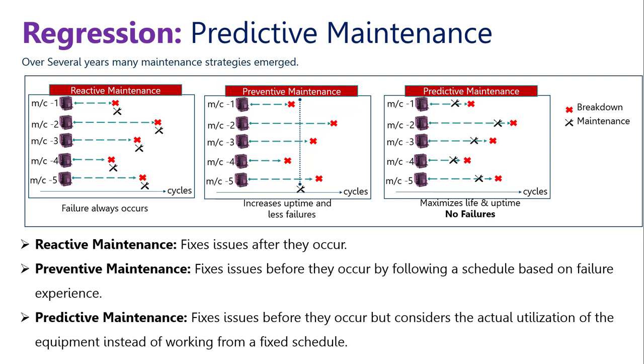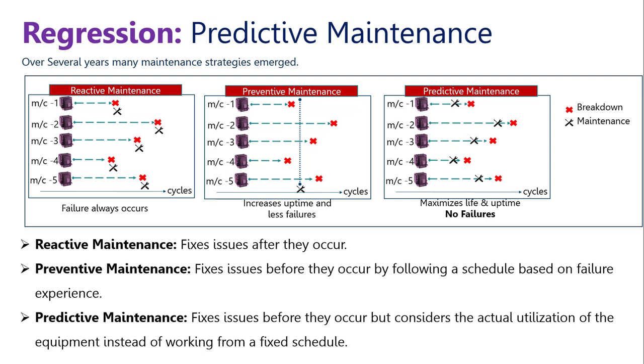Those kinds of maintenance are called preventive maintenance. If you take any machine, after this many cycles, each and every machine has to undergo some maintenance. And in that maintenance, probably they will replace the old parts with new parts, etc.